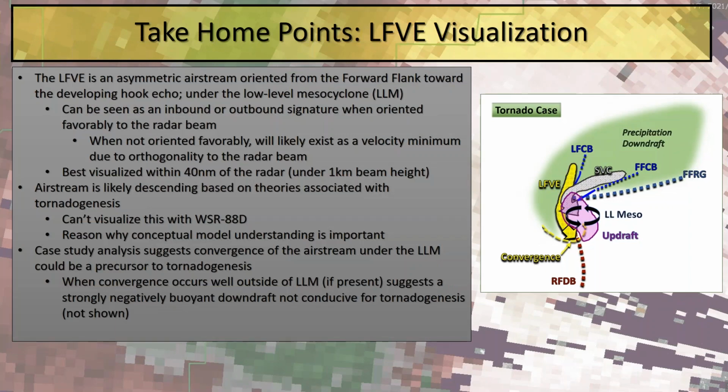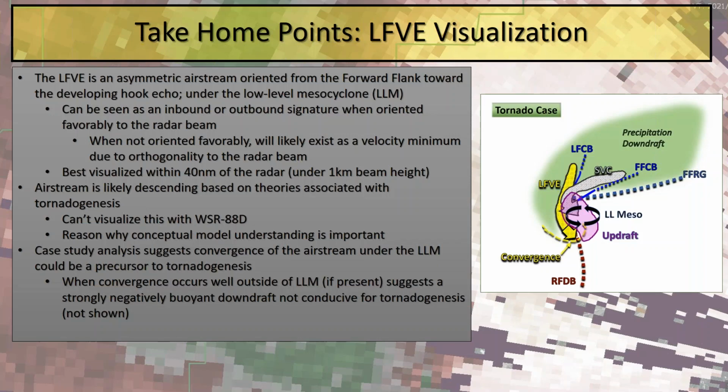So, looking at all the points that we discussed here, again, the asymmetric airstream, and that's important too, because we're not looking at a nice well-defined VROT signature here in the beginning stages prior to tornado genesis. It's really an asymmetric airstream. It's oriented from the forward flank, and it moves towards the developing hook echo and under the low-level mesocyclone.